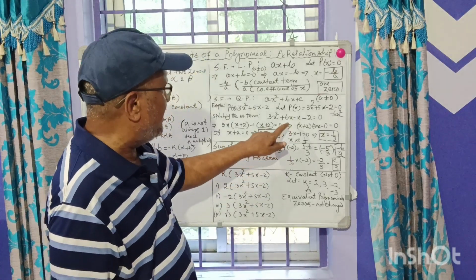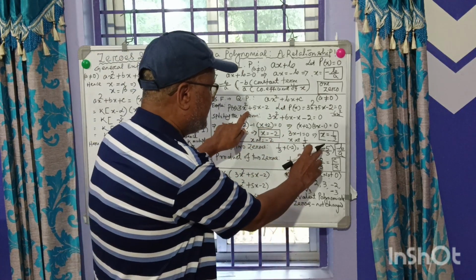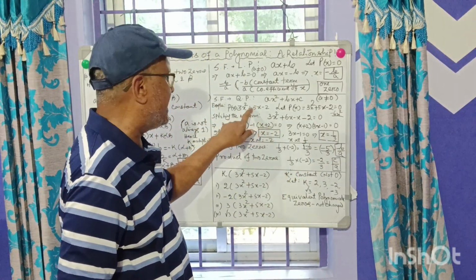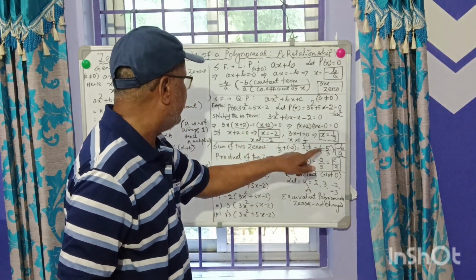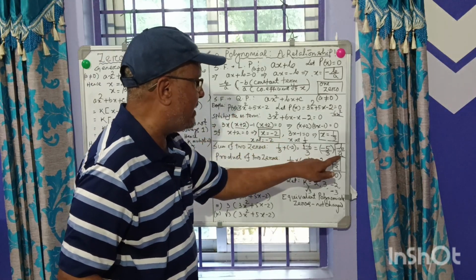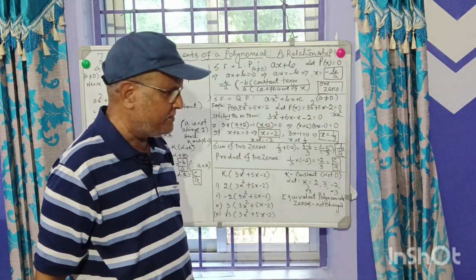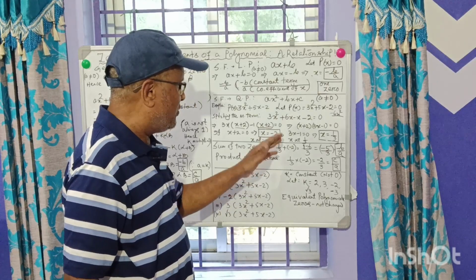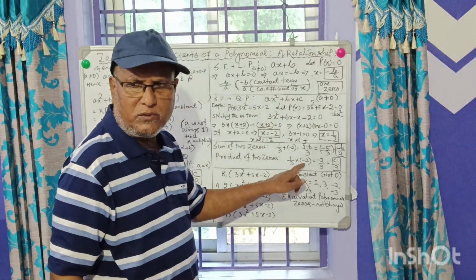Now compare with the polynomial. Here is the polynomial. This is 5, which is b. You see, b is the coefficient of x. So minus b by a, and 3 is a, the coefficient of x square. Now clear? Now the product of the two zeros: 1 by 3 into minus 2.